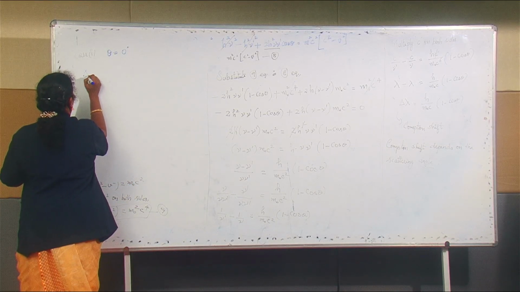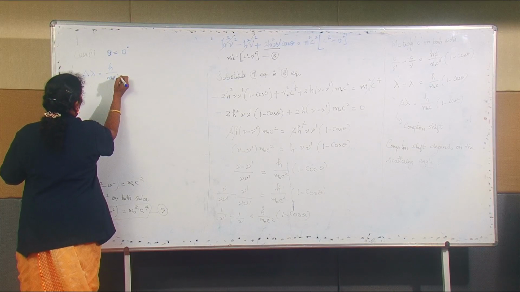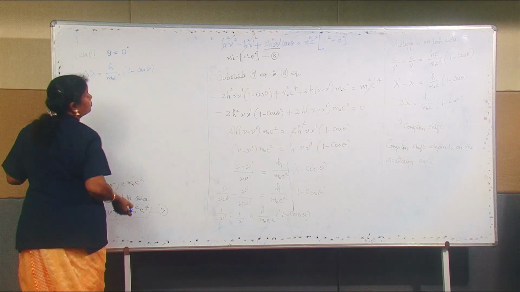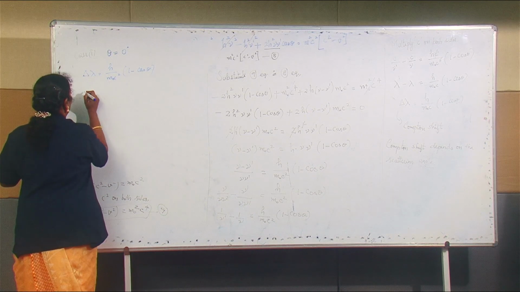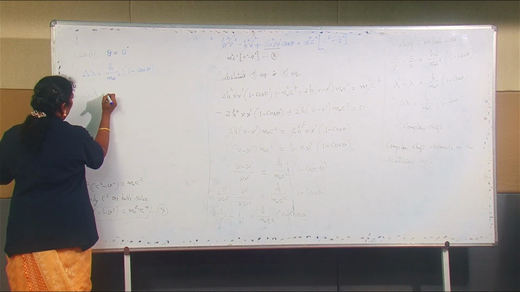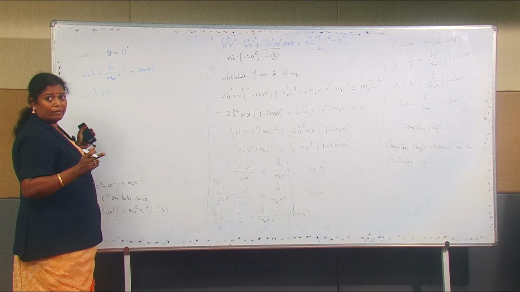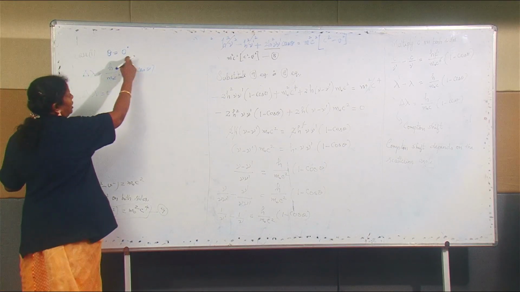Delta lambda is equal to h by m naught c into (1 minus cos 0). Cos 0 is 1, so the change will be 0, therefore delta lambda is equal to 0. So when the angle is 0, there will not be any change in wavelength. All the scattered rays have the same wavelength.